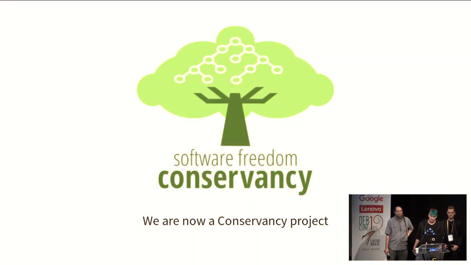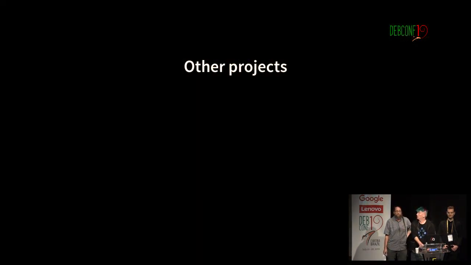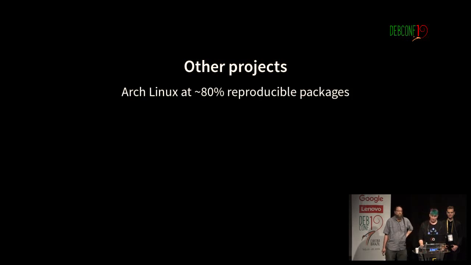We are now a Software Freedom Conservancy project since July last year. That was in the making in Taipei. And there was a lot of work on other projects as well. Arch Linux is now at 80% reproducible in their testing.